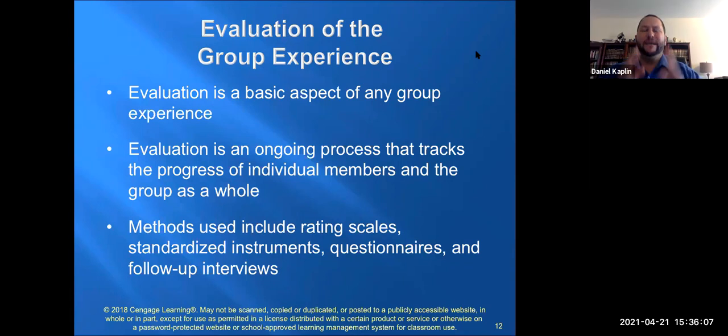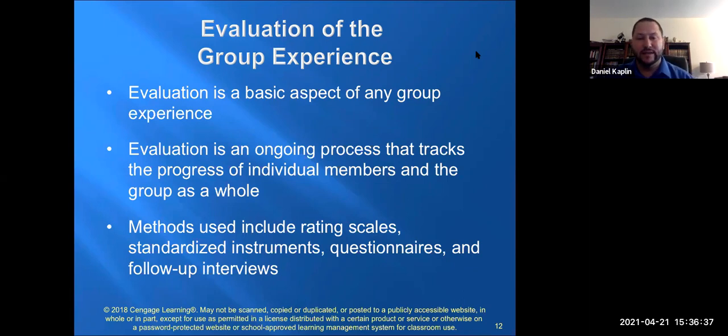Now, evaluation is absolutely critical. You may recall in an earlier lesson, I told you that evaluation is part of the group experience, because if you don't have evaluation as part of it, you have no way of knowing whether the group accomplished anything. Before you run a group, you should already have a mindset as to how you're going to assess the group experience. It's ongoing.